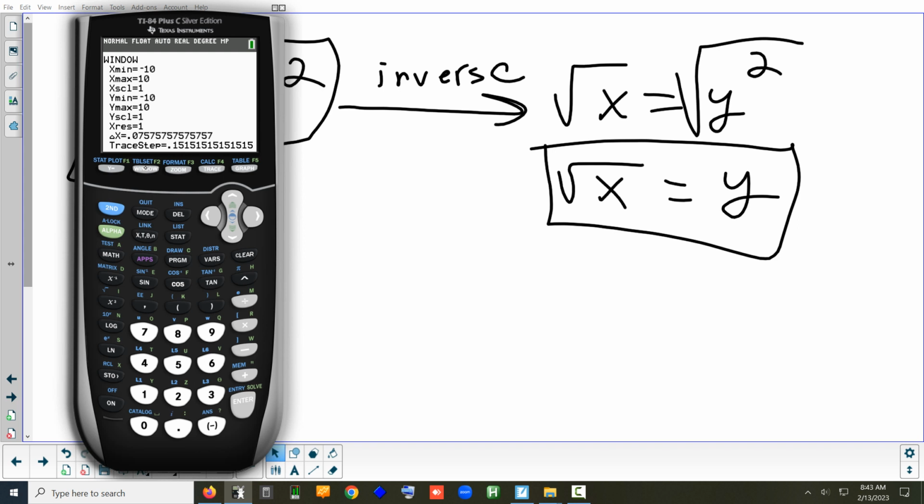I also only want to focus on quadrant 1. I don't want to look at quadrants 2, 3, and 4. So I'll set the window so all we're going to see is quadrant 1. And let's hit graph. Okay, so there's your x squared. That's your parabola. And there's your square root.